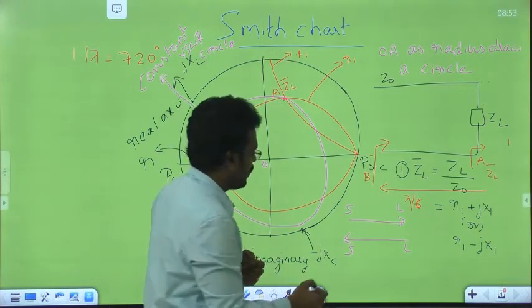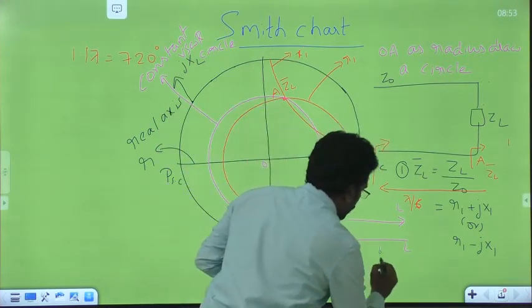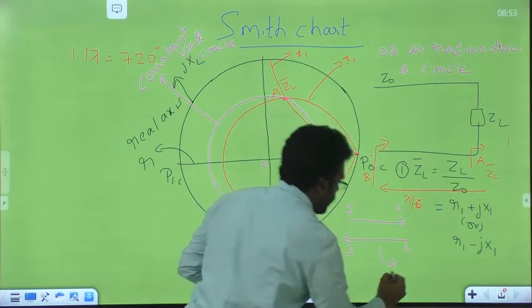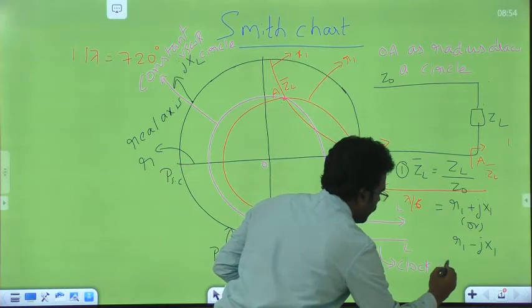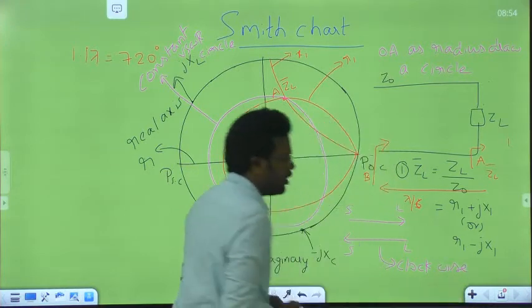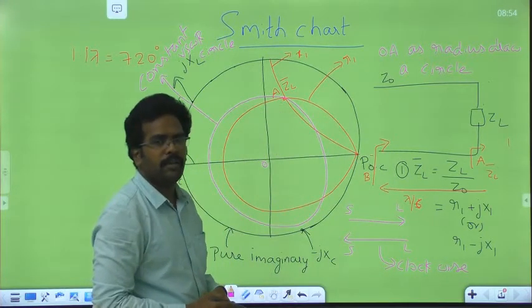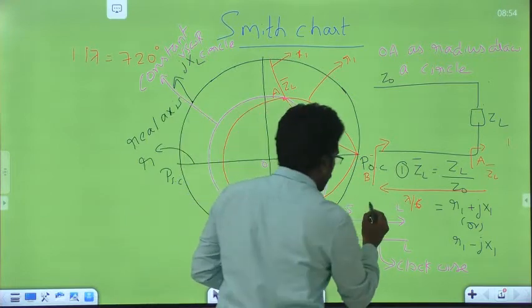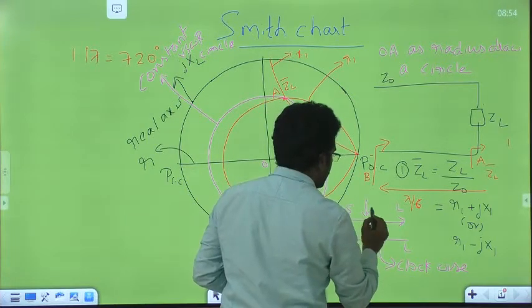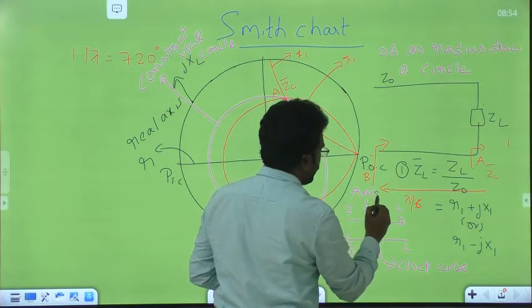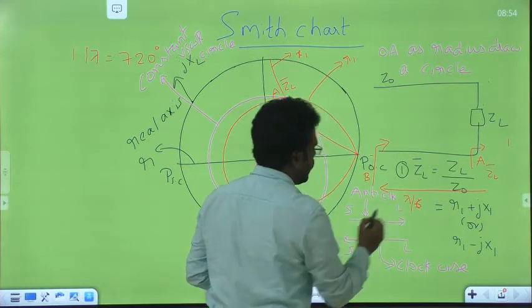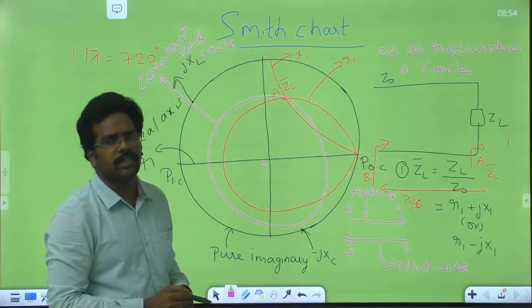When I am moving from load to source, I should move in the clockwise direction on the constant VSWR circle. If I am moving from source to load, I should move in the anti-clockwise direction on the constant VSWR circle.